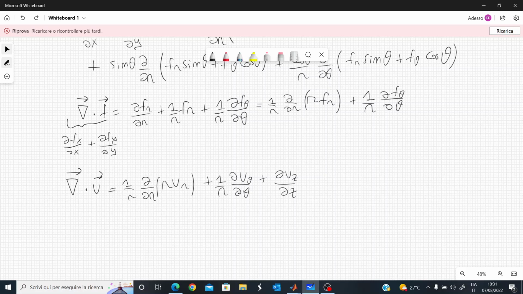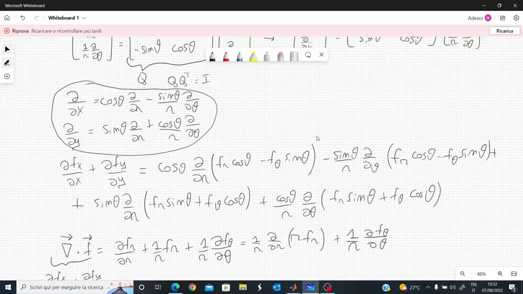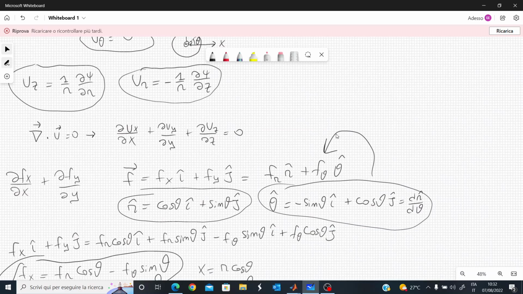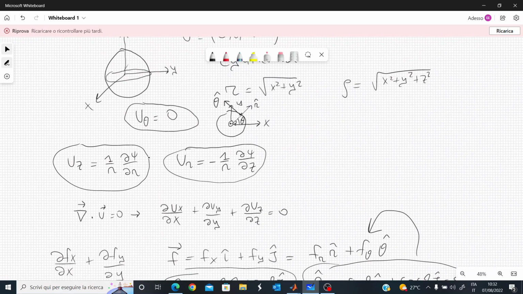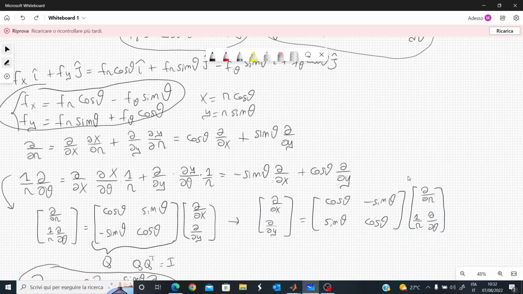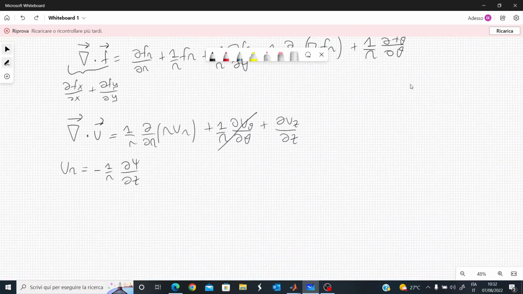But now this term here is 0 because u theta is 0, whereas we defined ur in terms of the function psi, and this was minus 1 over r d psi dz. Let's go back and check. You just have to check the definition here, and then you have this definition for uz. uz is equal to 1 over r d psi dr.